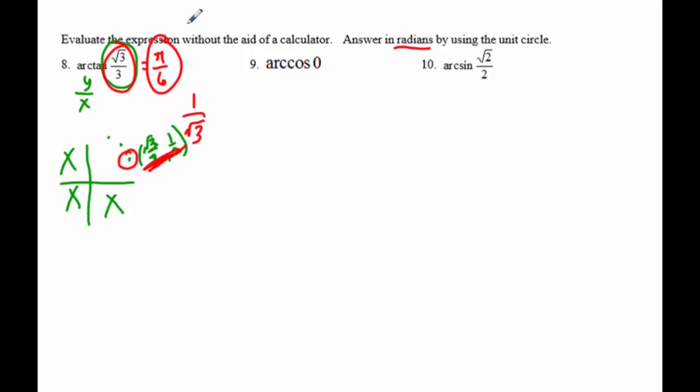That's as difficult as that problem can get, because that's basically the opposite of what we had to do on number 5, where we had to simplify it once we knew where our angle was. So these other two are actually easier. Arc cosine asks us, where is our x value 0? Arc cosine has to be in the first or second quadrant.